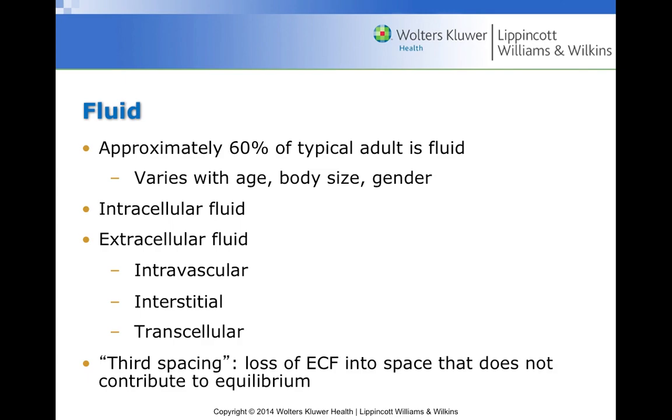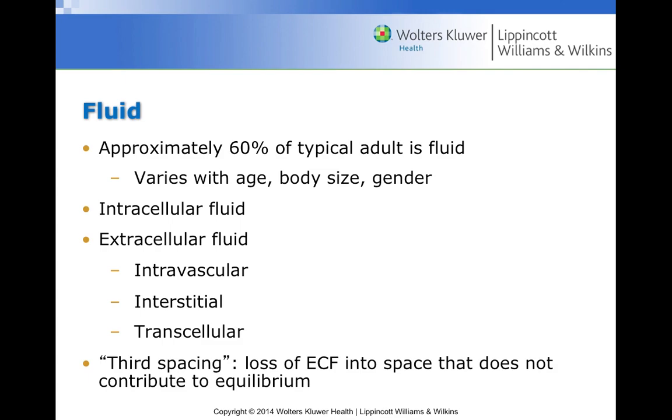The intravascular space, which is that fluid within the blood vessels, contains plasma, the effective circulating volume. Approximately 3 liters of the average 6 liters of blood volume in adults is made up of plasma. The 3 liters is made up of erythrocytes, leukocytes, and thrombocytes.